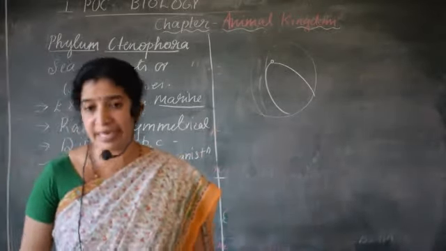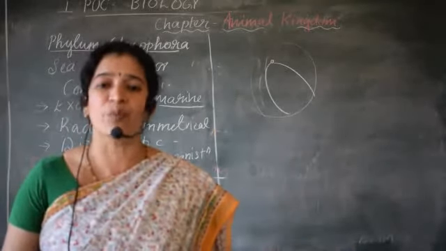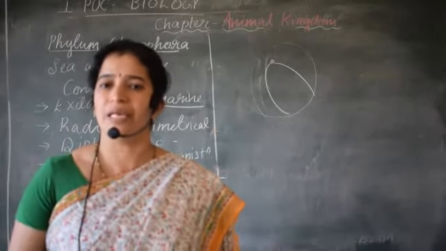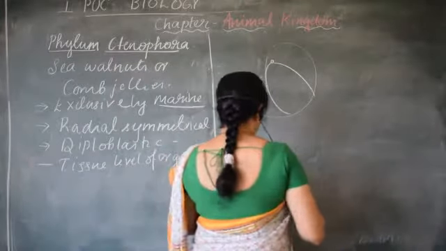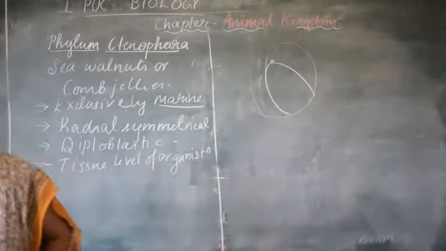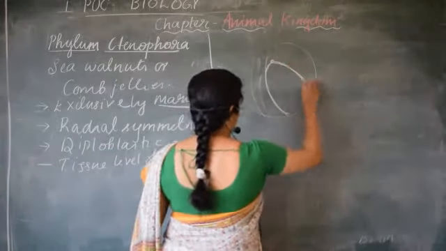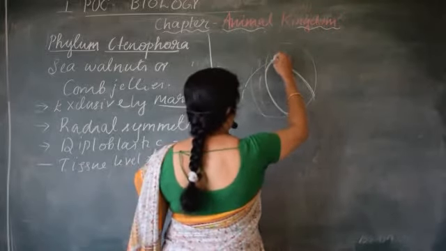The ciliary movement of these comb plates helps for their movement. The locomotion of Ctenophora is possible with the help of these comb plates. Here you can write: 8 rows of ciliated comb plates.